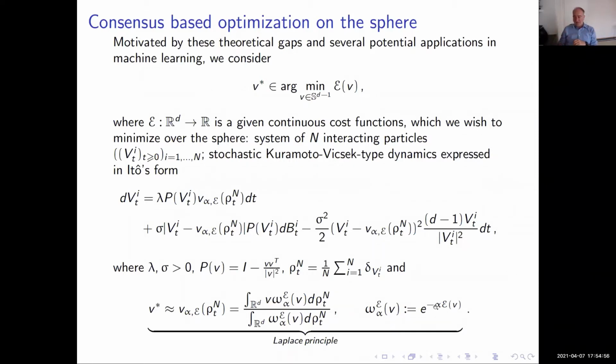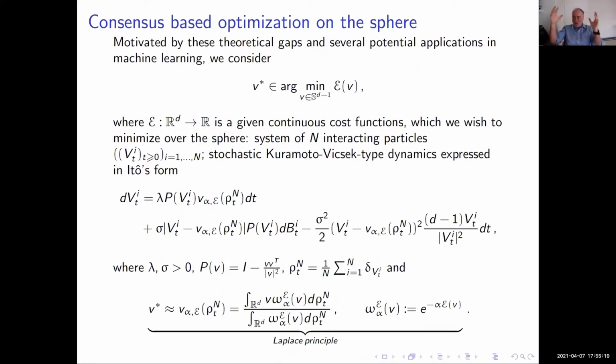And everything is regulated by a parameter alpha that is also intervening in this weighting of the particles. So this point is a convex combination of the particles. So it's really a sort of weighted barycenter.